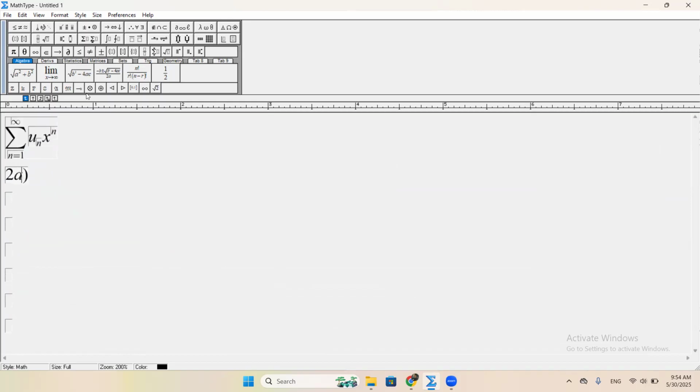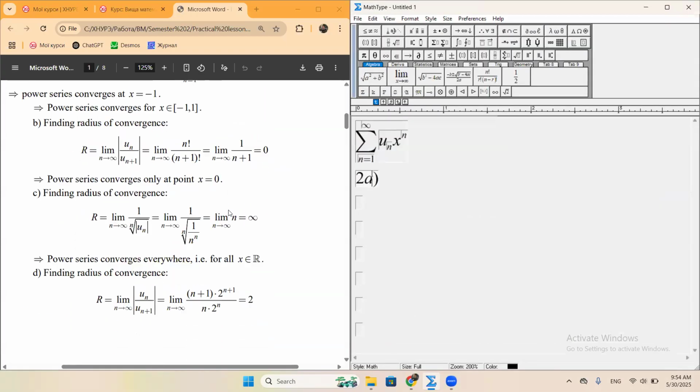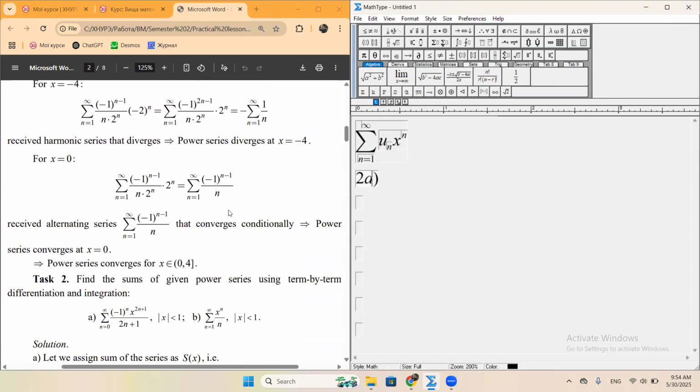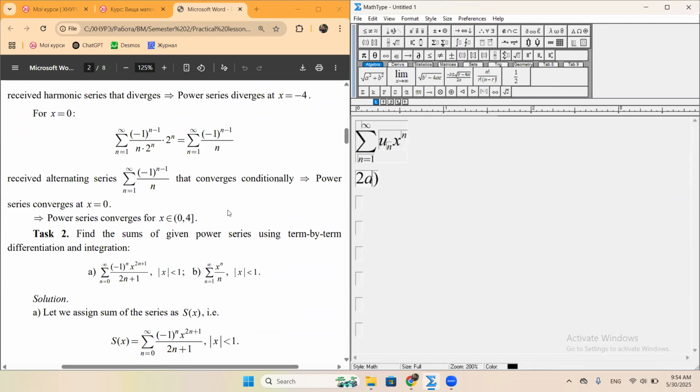So to exercise 2, and we will have to calculate the sums of power series using term-by-term integration and differentiation. How to solve it? Let me first of all write down the series, and after that I will explain it to you.